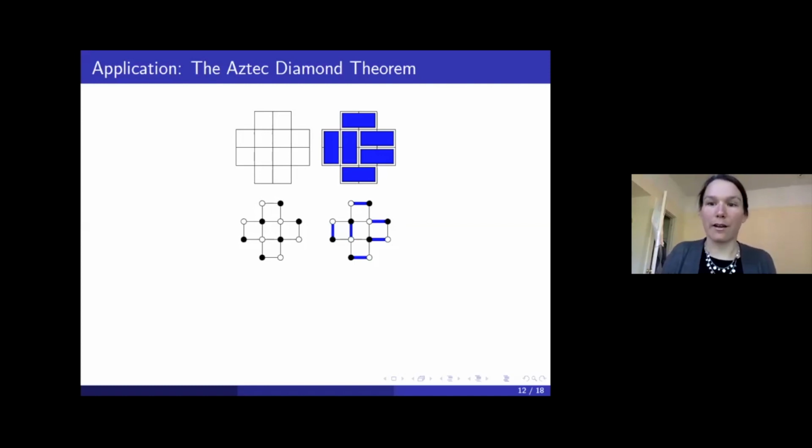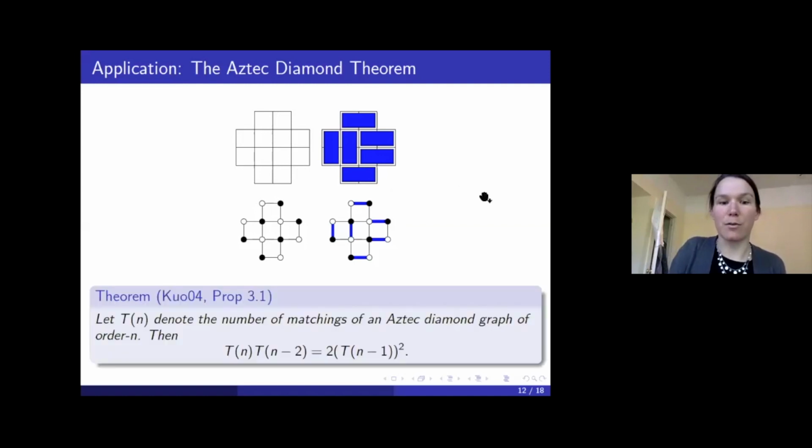So Kuo uses the same technique of superimposing matchings to show that the number of matchings of an order n Aztec diamond graph times the number of matchings of an order n minus 2 Aztec diamond graph is equal to 2 times the square of the number of matchings of an order n minus 1 Aztec diamond graph.